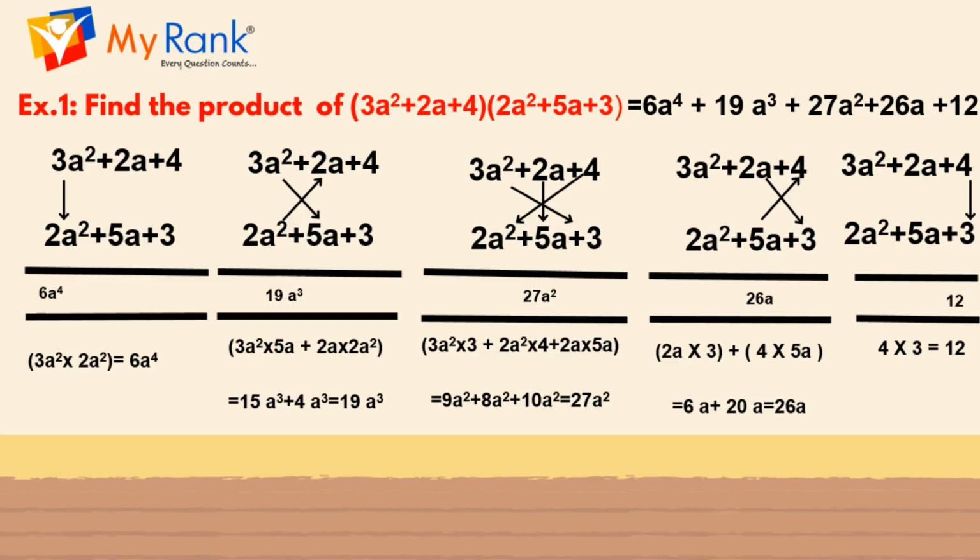Hence the product of 3a square plus 2a plus 4 into 2a square plus 5a plus 3 is 6a power 4 plus 19a cube plus 27a square plus 26a plus 12.